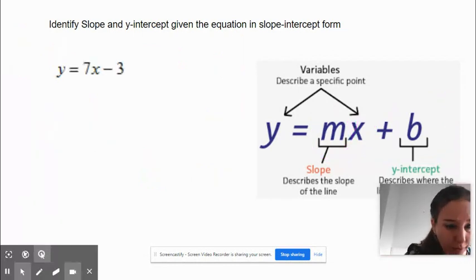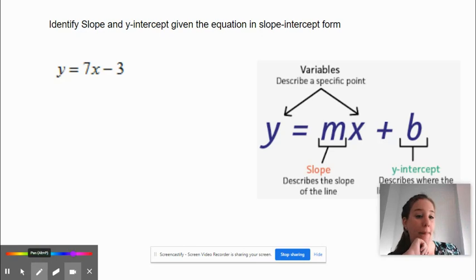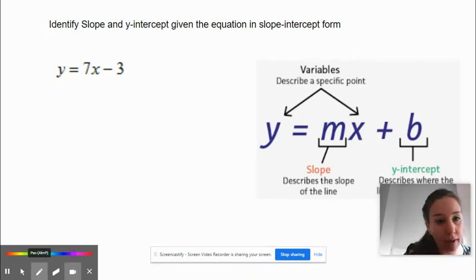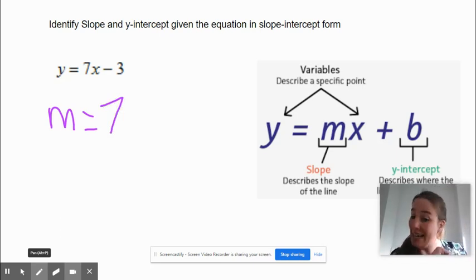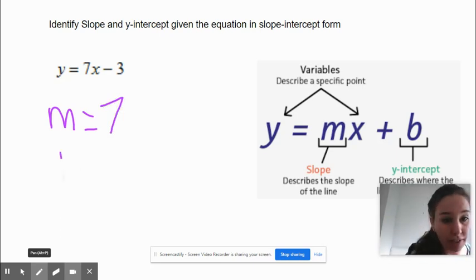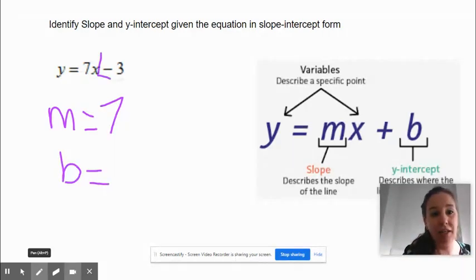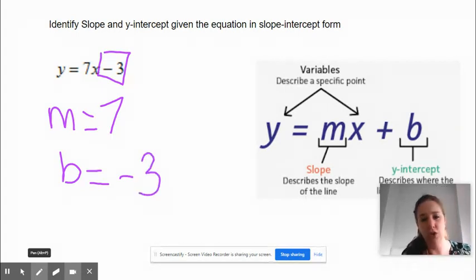So here we go. y equals mx plus b. So my m, or my slope, is again that coefficient in front of the x. My y-intercept, represented by b, is negative 3 here. Now, I know a lot of you are like, why? This is confusing.